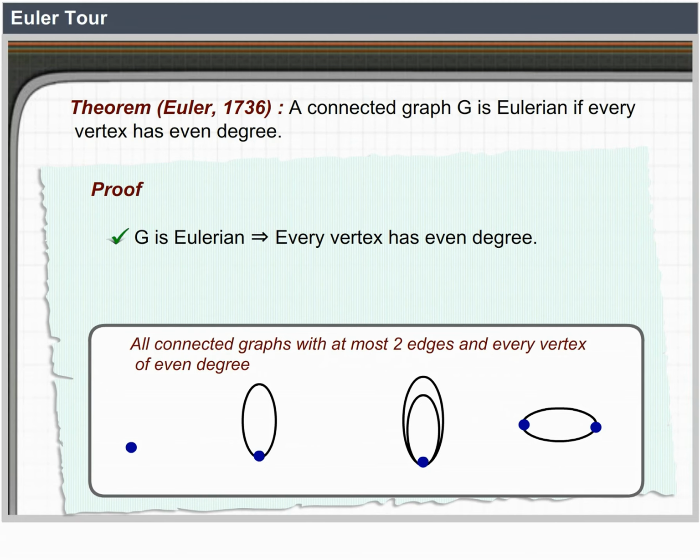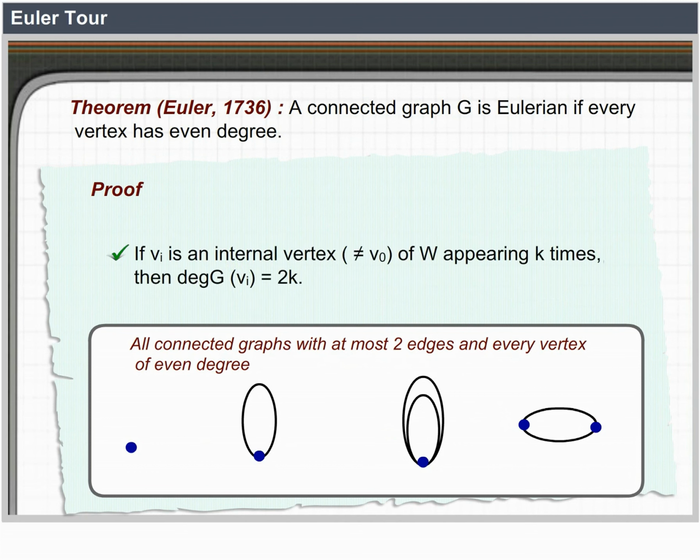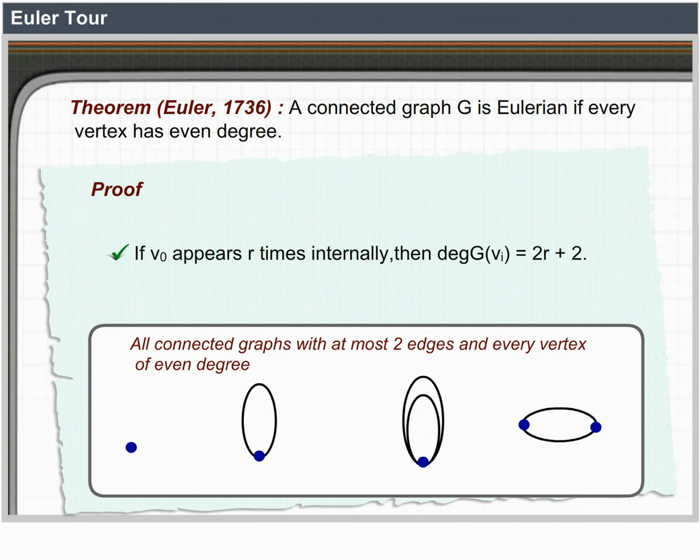Let W = v0, e1, v1, e2, v2, up to v(t-1), et, vt = v0 be a closed Eulerian trail in G. If vi is an internal vertex, not equal to v0, of W appearing k times, then degree of vi in G equals 2k. If v0 appears r times internally, then degree of v0 equals 2r plus 2.